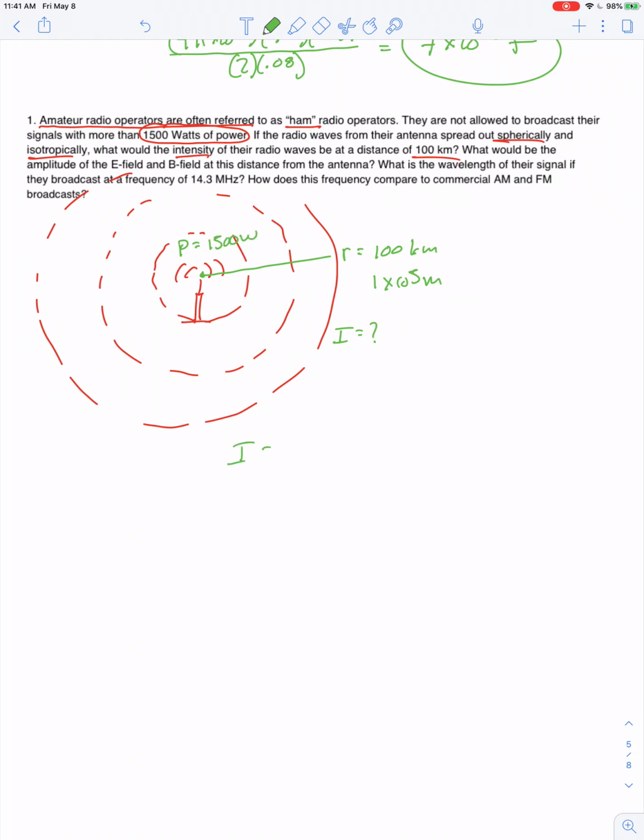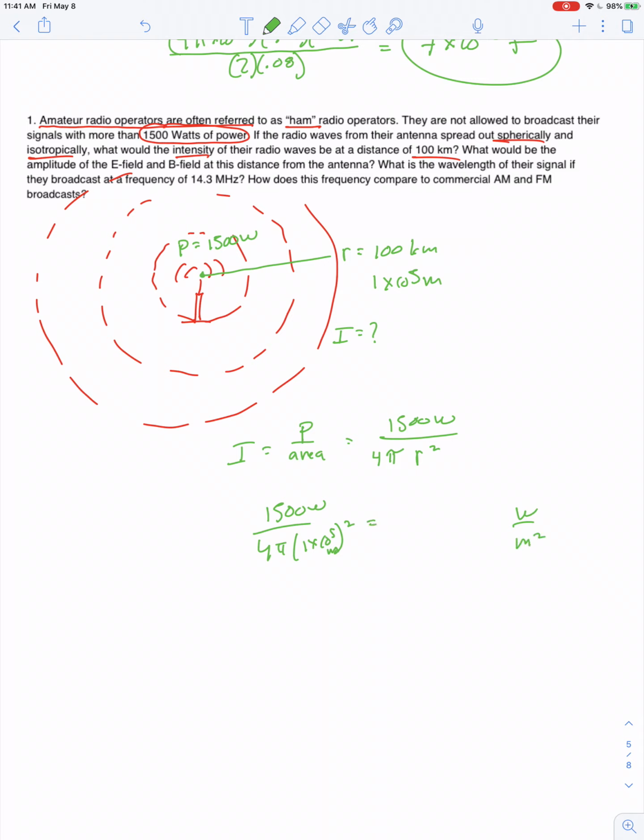Well, intensity is just power per unit area, so it's 1,500 watts divided by the surface area of the sphere, which is 4 pi r squared. So we have 1,500 watts divided by 4 pi times 1 times 10 to the 5th meters, squared. So our units will be watts per square meter.